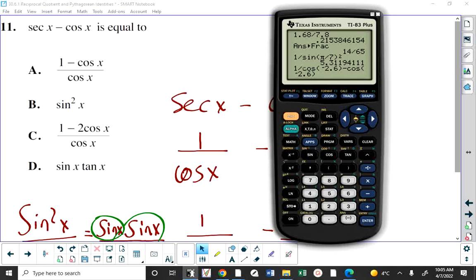Are you with me? So when I put negative 2.6 radians in, secant is 1 over cosine and then minus cosine, I get this number. Well, that's a pretty memorable number. I think I would recognize it if I saw it again, negative 0.31. Well, let me try sine squared of x. I guess I got to slow down.